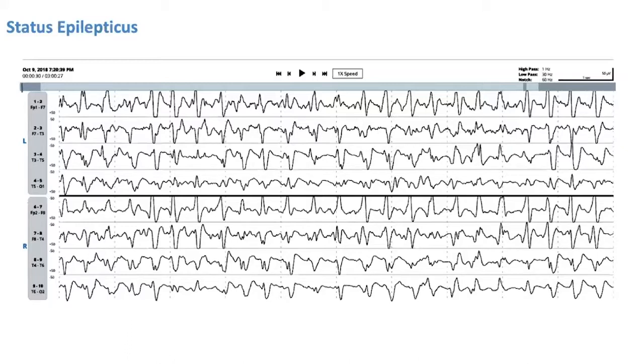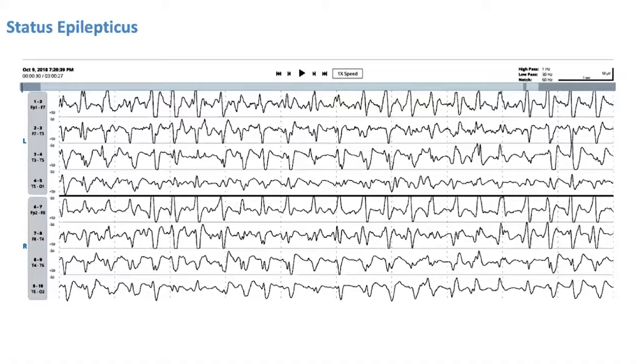Would you like to comment on the frequency of these waveforms and when it becomes toxic to the brain, and when we should start treating the patients regardless of what we call it? Yeah, so you're speaking to a gray area between interictal, or between seizure abnormality, and seizures.